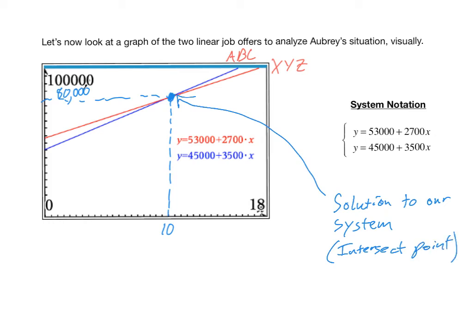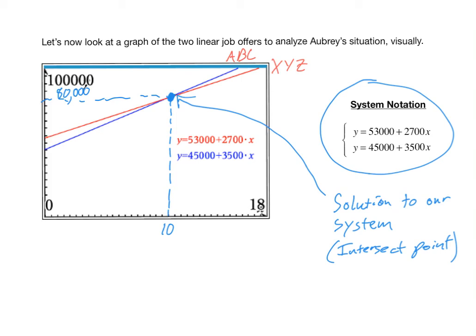And the notation we typically use to represent a system is this. You've got this little bracket, and then you just list the two equations involved. So if you want to answer the initial question for Aubrey, which one of the two jobs should she take, it's really important to find the intersection point here. Because as we said, to the left of 10, the XYZ company, the red line, she'd make more money with them.